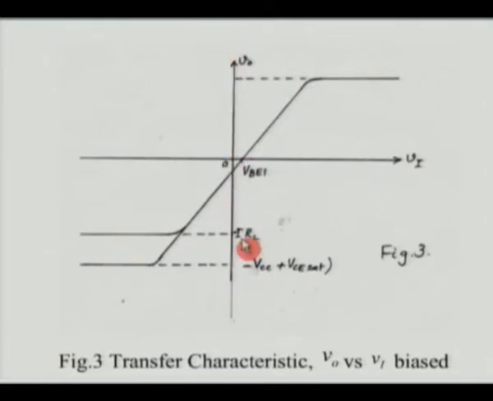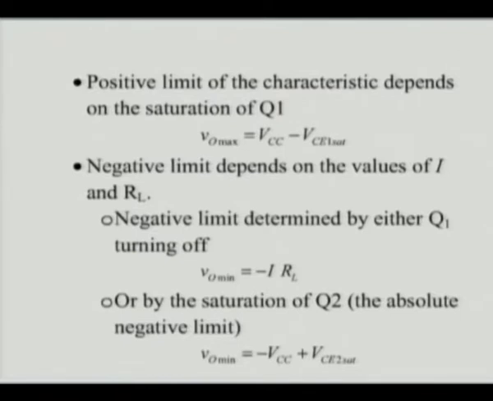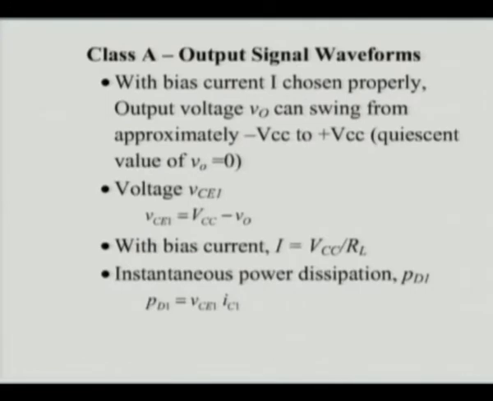So if that is the constraint, the lowest value would be minus of I RL, but the absolute limit would be minus VCC plus VC sat. Now we have these equations here which we talked about.